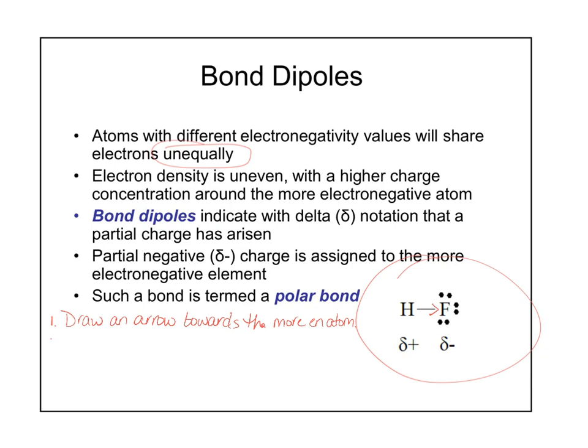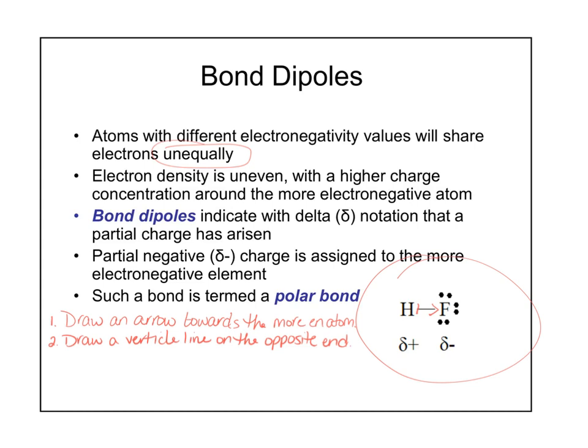Then, number 2, draw a vertical line on the opposite end. In this example, my opposite end is on the side of the hydrogen, so I'm going to draw my vertical line right here.